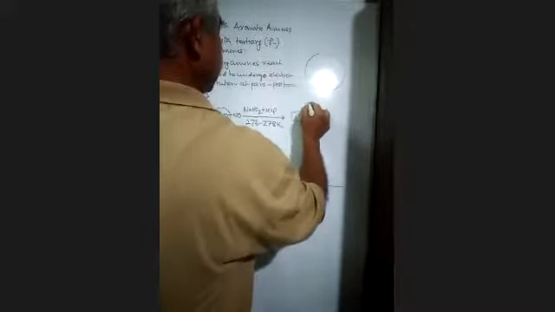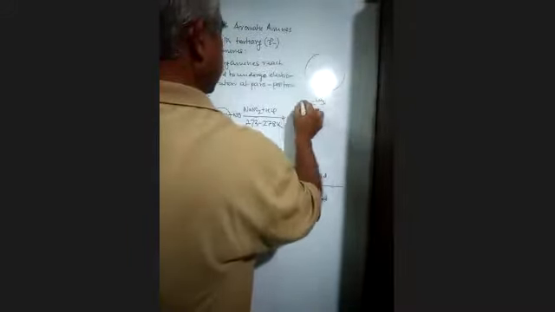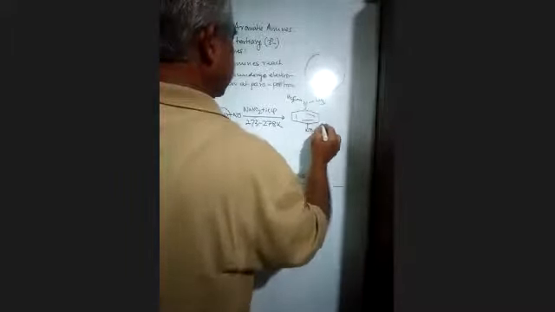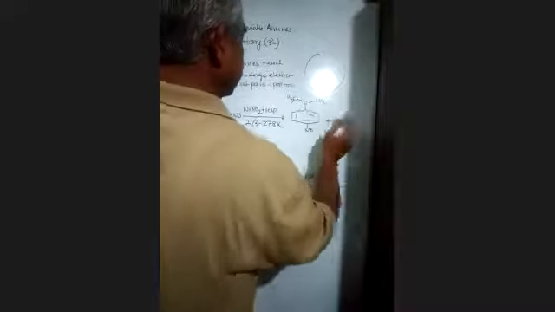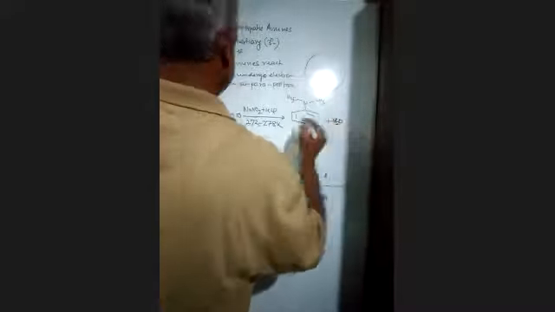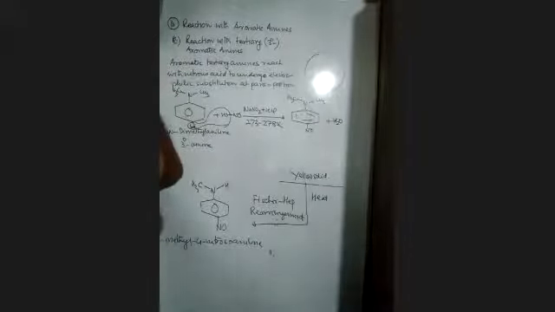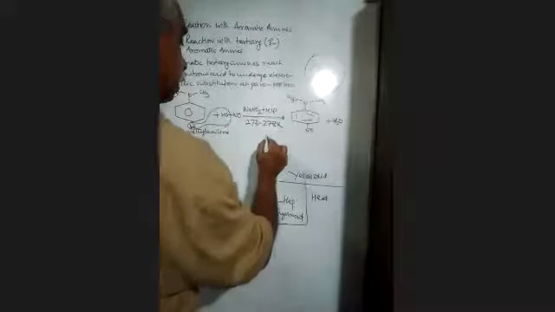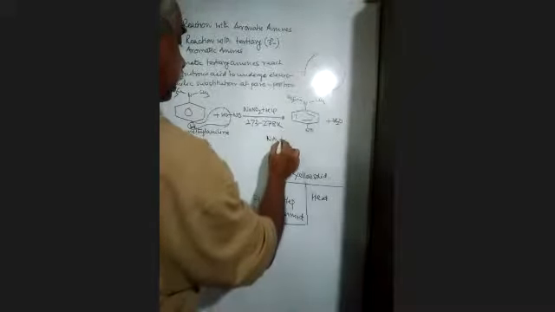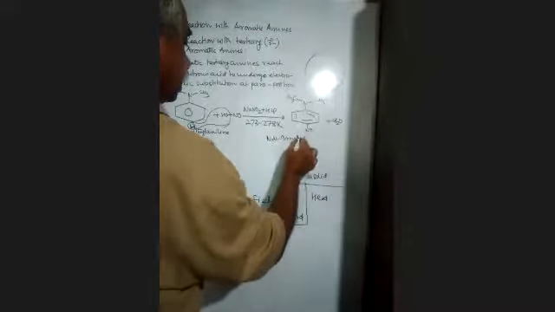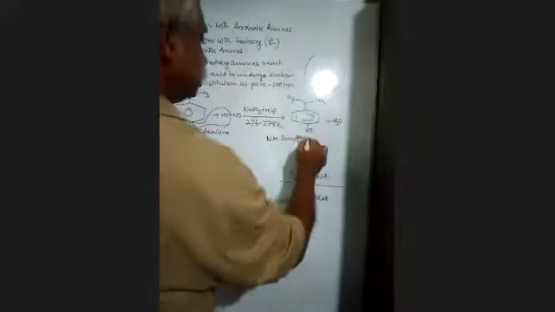So what will you get? You get, see, it undergoes electrophilic substitution. Okay, so this is called N,N-dimethyl. See, in 4 position you have this one now.